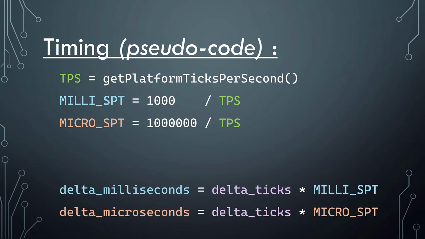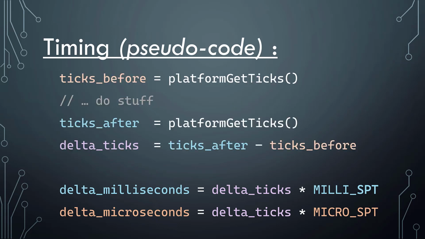Now anytime we get some delta ticks by using the platform's get ticks before and after, we can always multiply it by the milli SPT to get how many milliseconds have passed, or by the micro SPT to get how many microseconds have passed. In our motivating example, that's how it's going to look. And that's how we do it in a cross-platform way.